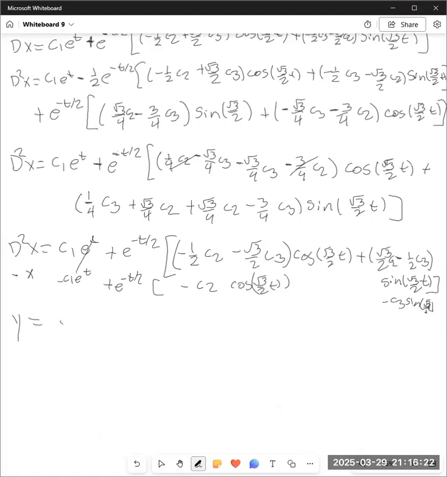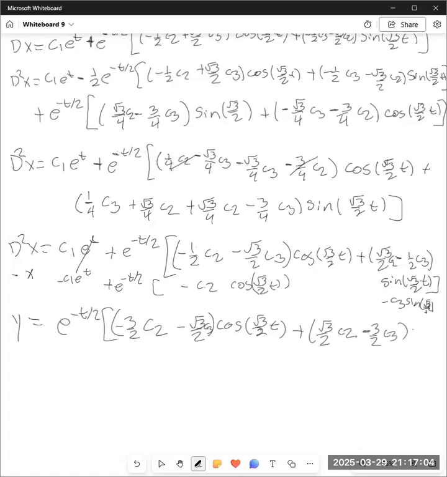And that is e to the negative t over 2 times, negative 1/2 minus 1 is negative 3/2 c2 minus root 3 over 2 c3 cosine root 3 over 2 t plus, and then root 3 over 2 c2, negative 1/2 minus 1 is negative 3/2 c3 sine of root 3 over 2 t.